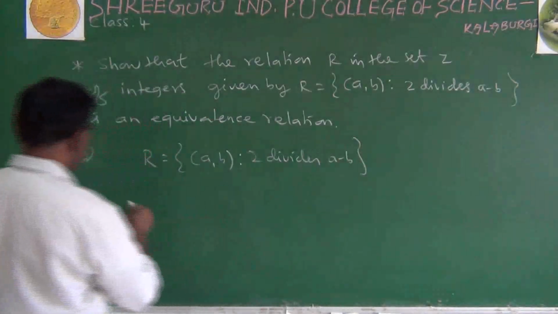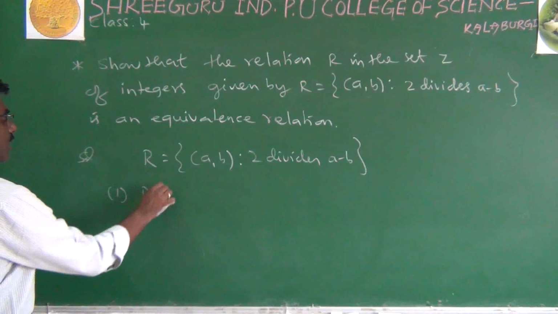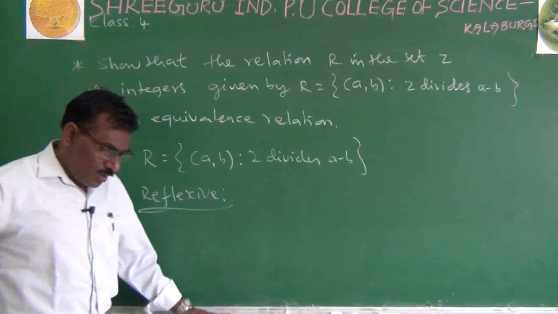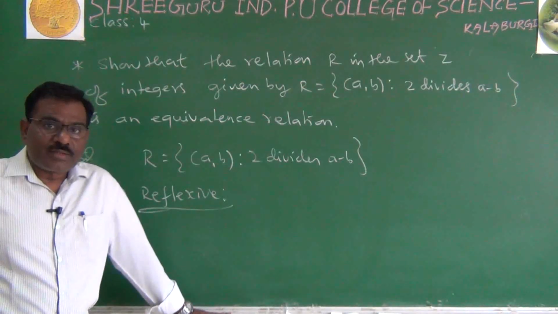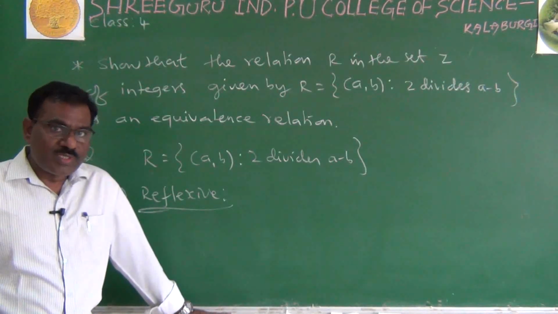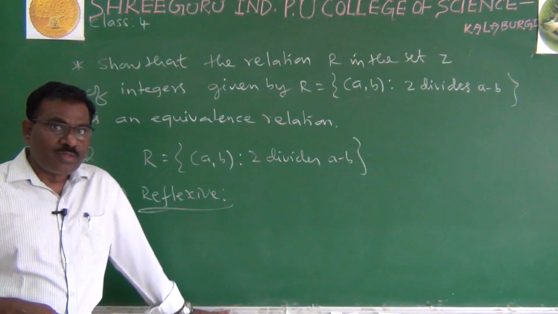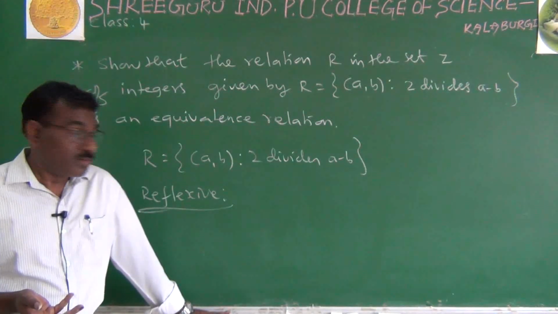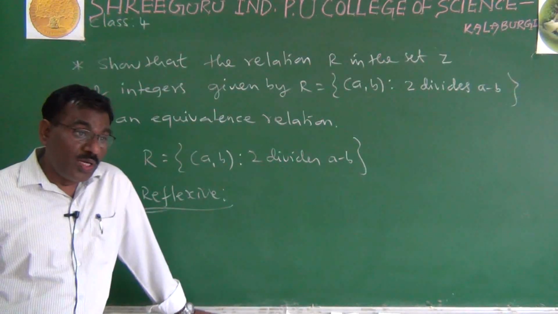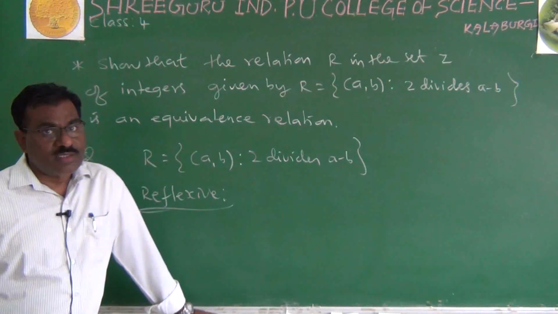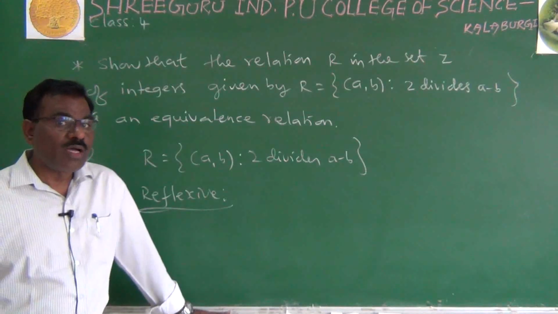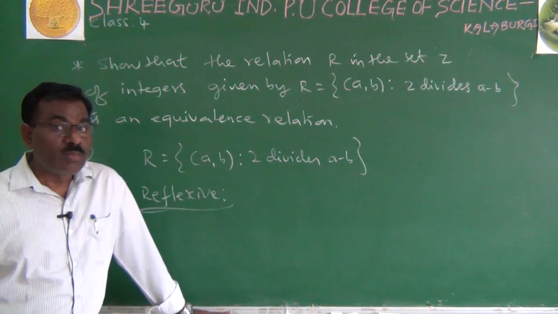So very important, students: reflexive. The problem is in the way of writing. Students know the answer, but writing the steps, they don't know. So reflexive, I am telling, only one element you have to select, but you have to prove it is related to itself. Suppose (A, A), but A belongs to what?